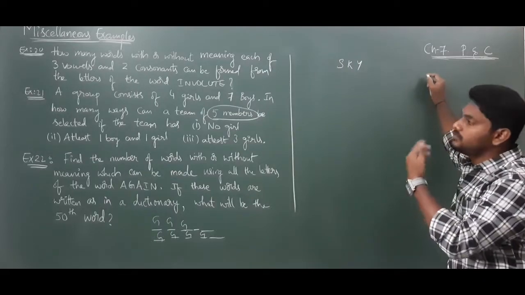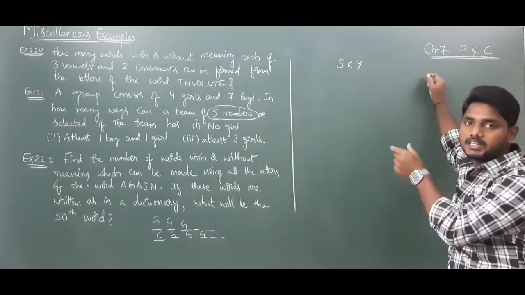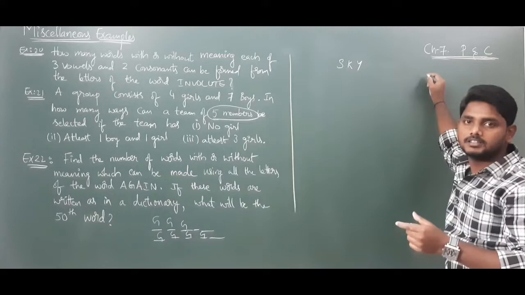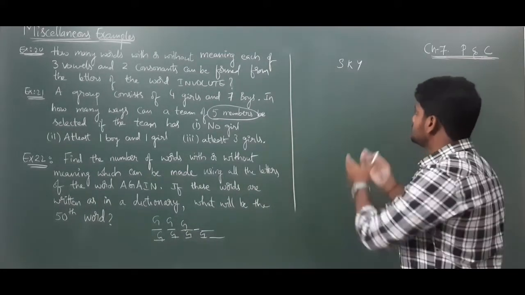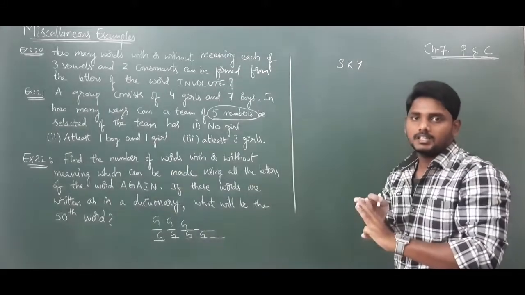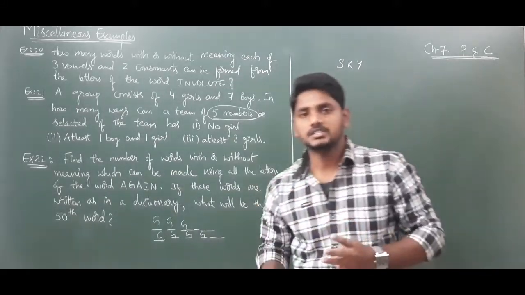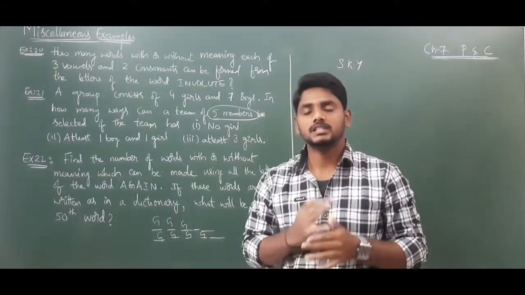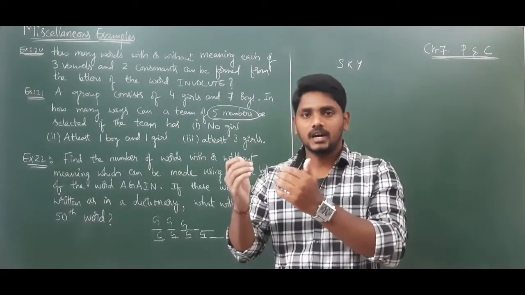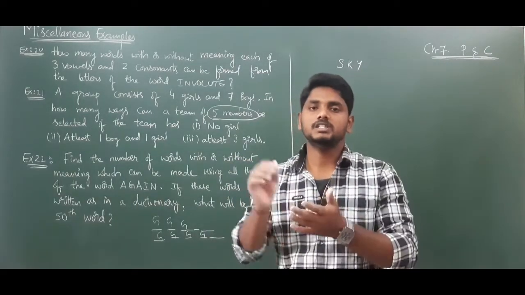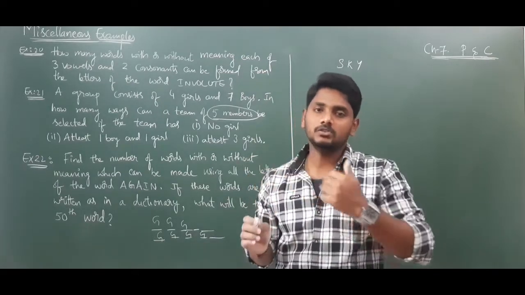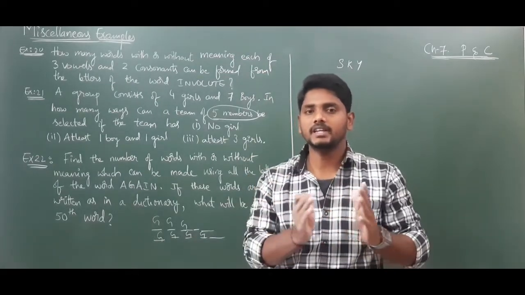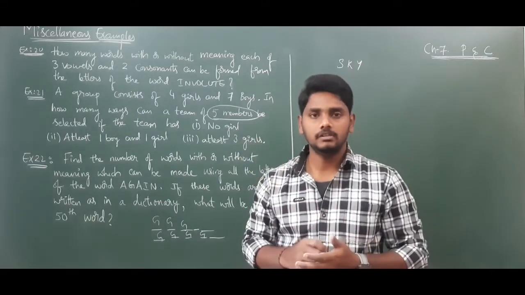What is the rank of this word if we arrange these letters in terms of a dictionary? That means by using only these 3 letters, if we arrange them in a dictionary, the words will be in alphabetical order, starting with A, B, C and so on from A to Z.